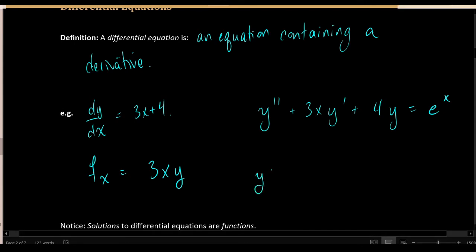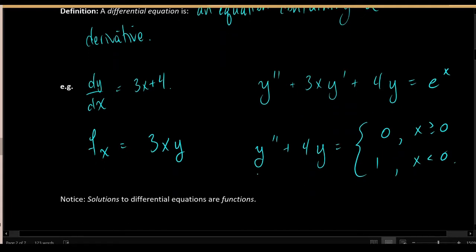You may have something where you have y double prime plus 4y is equal to, say, 0 if your input value is greater than or equal to 0, and is equal to 1 if x is less than 0. Any equation containing any derivative at all, whether it be a second derivative or a first derivative or a fourth derivative or a partial derivative, all of these things count.